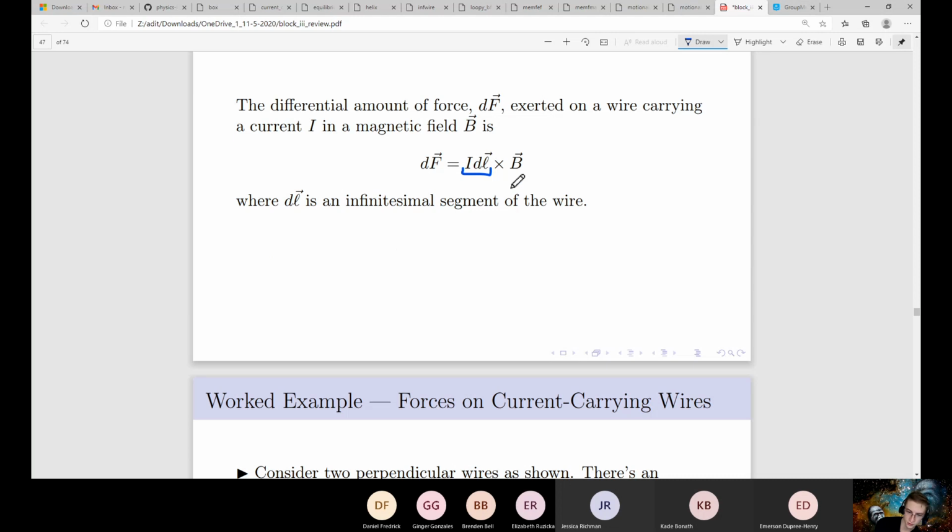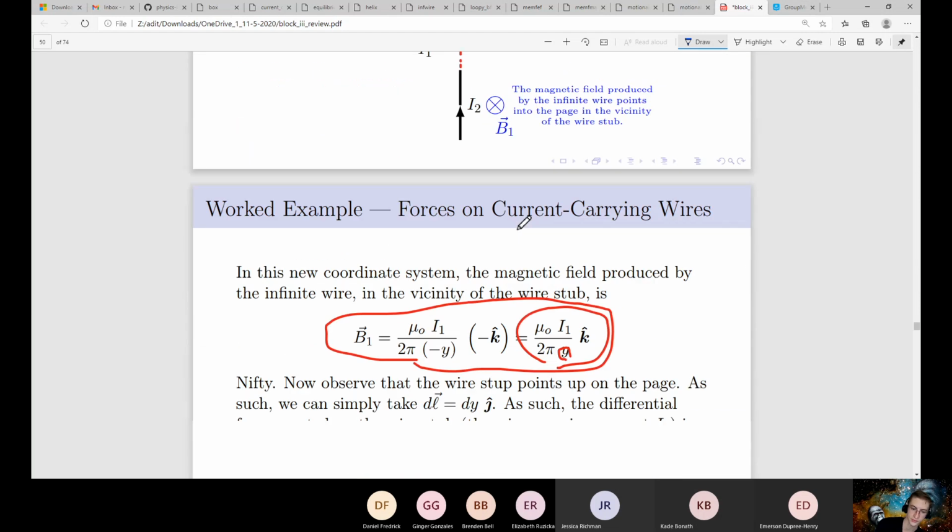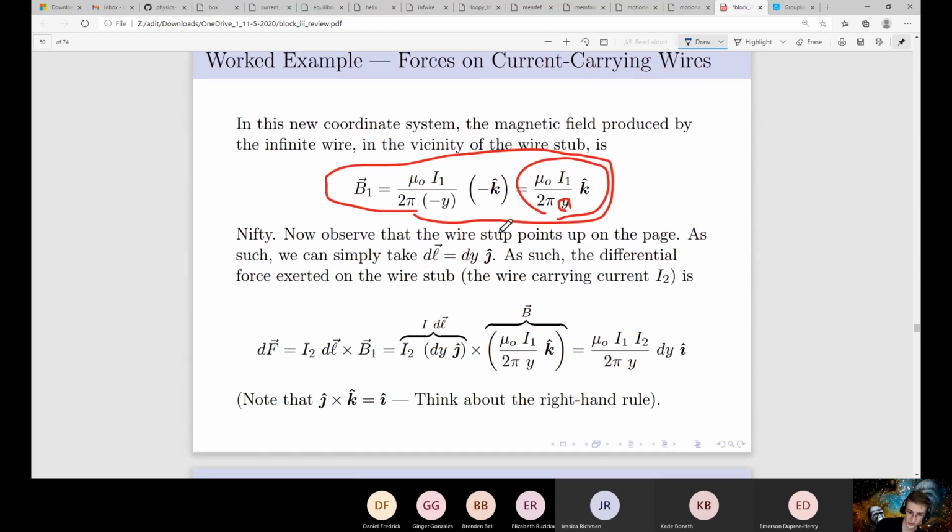So this I dl vector describes the wire stub, because the wire stub is the thing that's experiencing the force. The wire stub is just pointing straight up on the page, so we can just say dl is equal to dy in the j hat direction. And taking the cross product, we have dF is equal to I2 dl cross B1. That's our I dl, that's our B field.